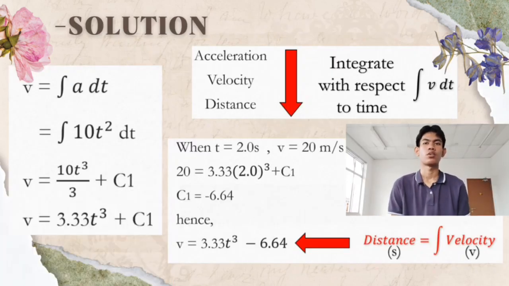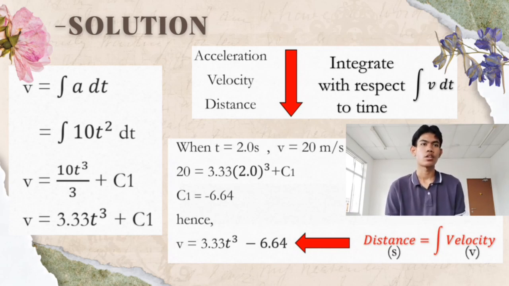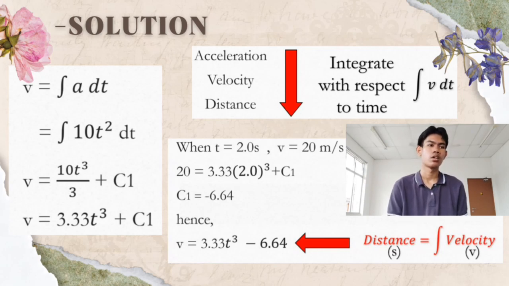So next, I'm going to tell about the solution from the question. Integrate v dt with respect to time. v equals integrate a dt, and then we change the a to become 10t squared and integrate. You can get the answer 3.33t to the power of 3 plus C1.